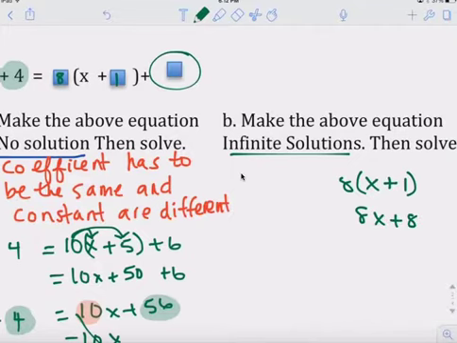Well, how do I get this answer? How do I get this to be 4? I need a minus 4. So the missing number here is negative 4. So this way I get 8x plus 4.